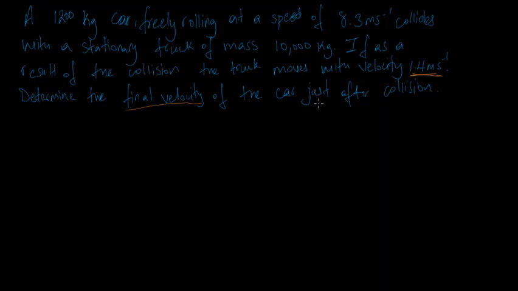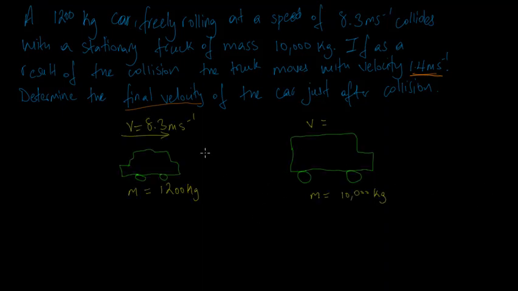So here we have a question, right? And the first thing we will do is make a quick sketch of what this question is referring to. So this is our quick sketch. We have our car which is moving with a velocity of 8.3 meters per second and has a mass of 1200 kilograms, just as the question says, and we have a stationary truck of mass 10,000 kilograms.